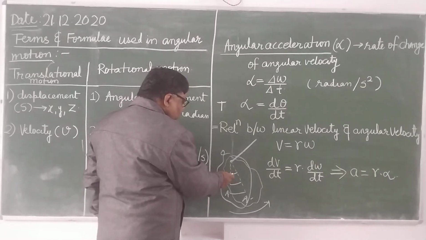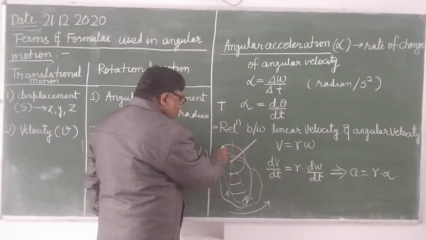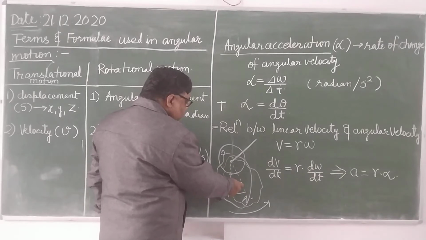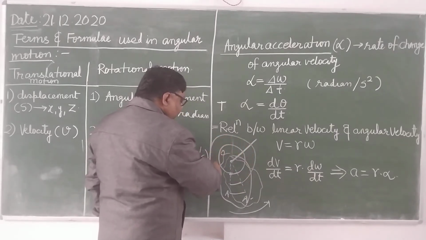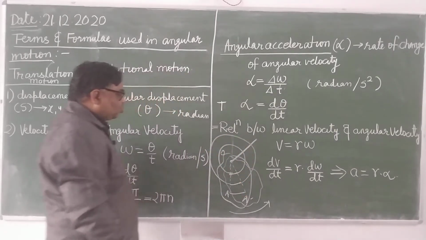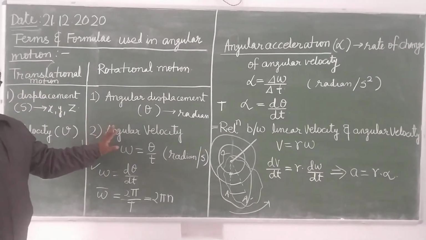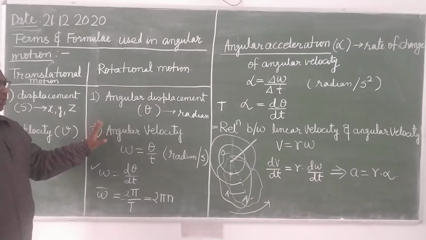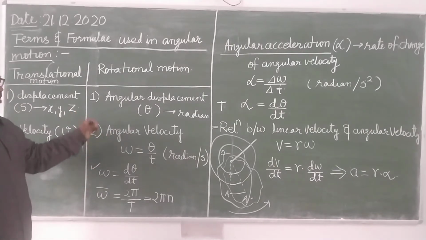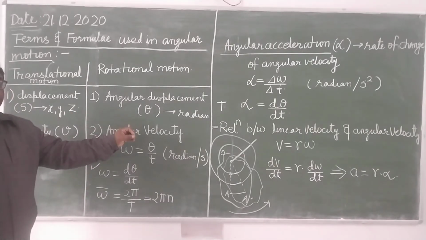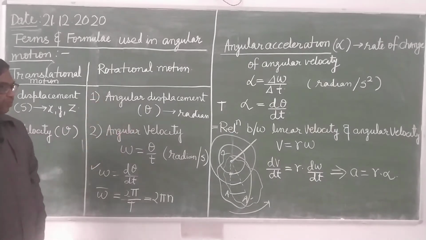As I already told, all the particles of the rigid body move by the same angle in a given time. That is the angular displacement of the body as well as of the particle.